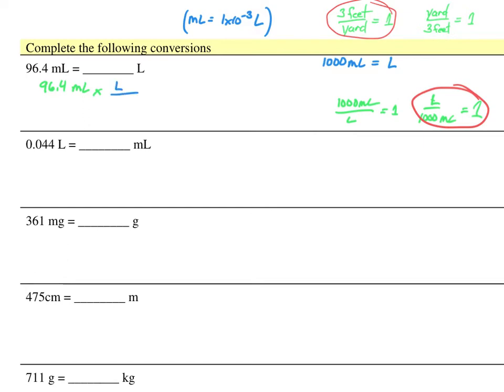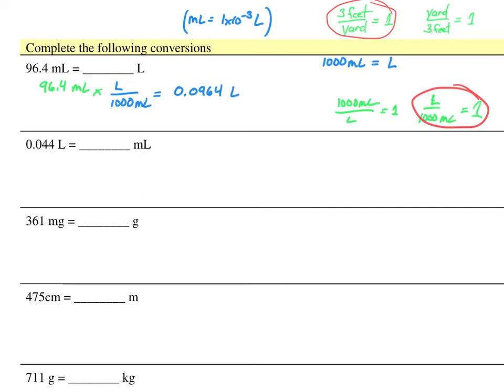So we know a liter is equivalent to 1,000 milliliters. That means for this conversion we need to divide by 1,000, which we can do in our calculator, or we can simply move our decimal point 3 spaces. So our answer is 0.0964 liters.